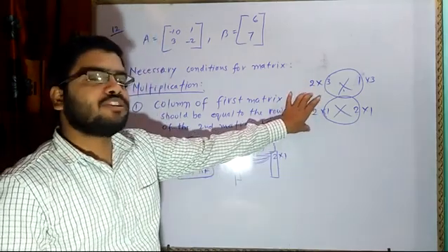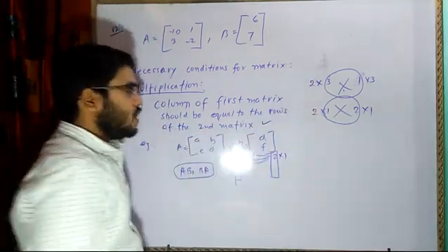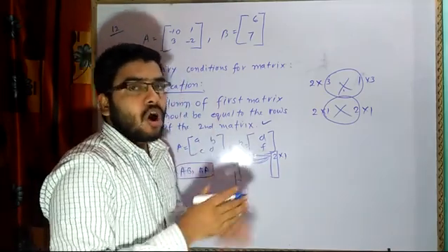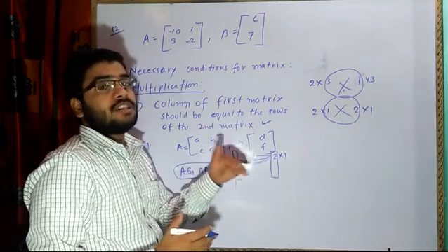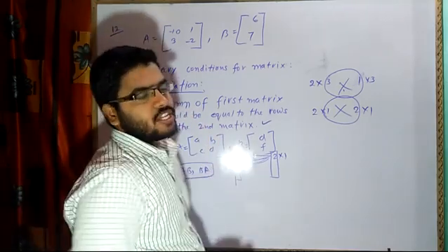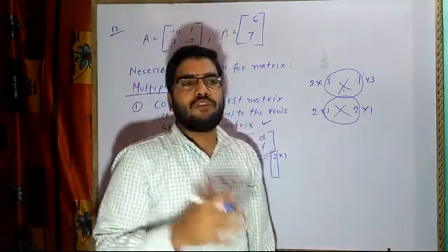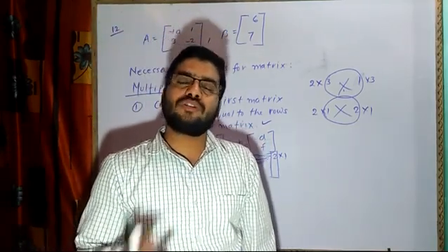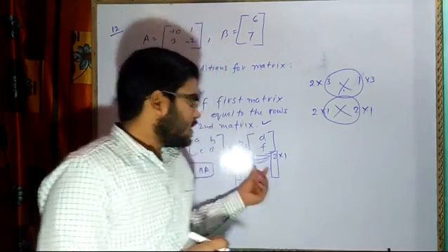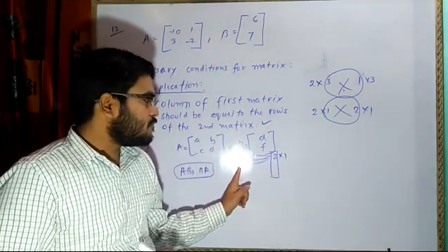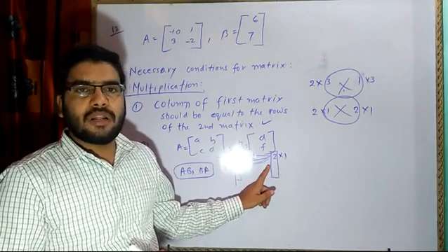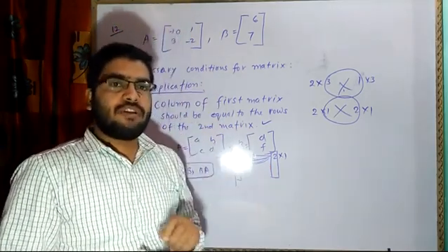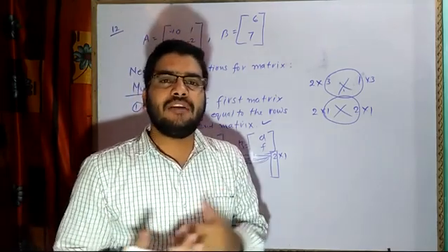That means matrix multiplication was not possible. Now, if it is possible, then what will be the order of the new result, the outcome? In case of addition, the order was not changing. If it was a 2 cross 2 matrix, after adding or subtracting you were getting a 2 cross 2 matrix only. But here there is one change: if matrix multiplication is possible, then it is not necessary that the order of the matrix will remain the same. It may be any value.